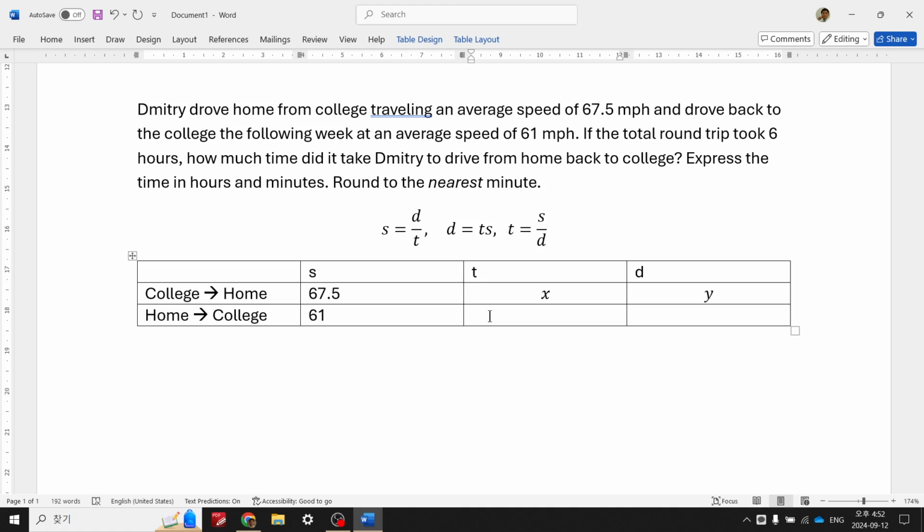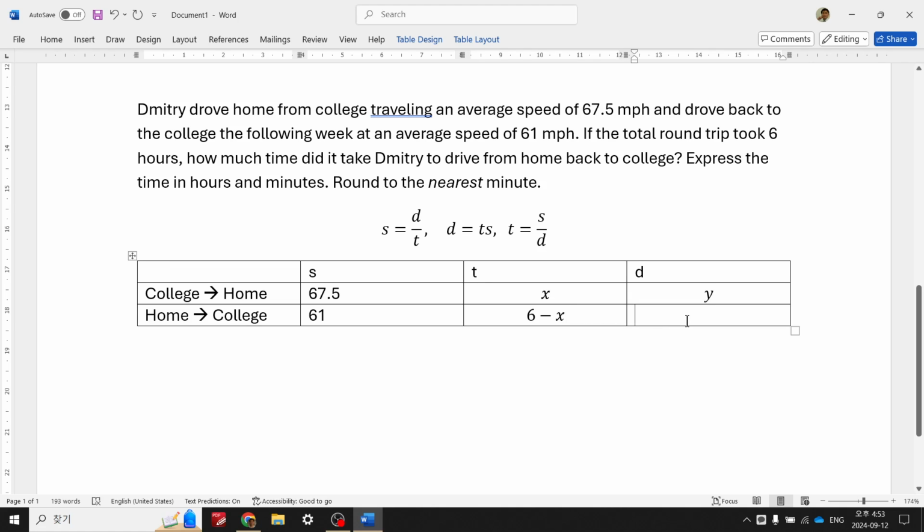No. If you say x1 and x2, that's still introducing new variables. Yes. It should be 6 minus x. Why do you say so? Because it says the round trip took 6 hours, right? So if college to home was x, then 6 minus x would be how much it took, okay?